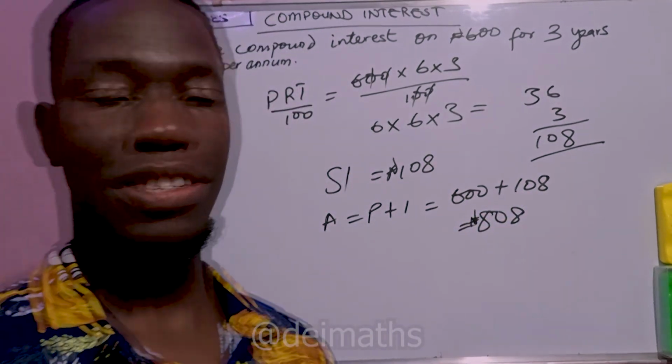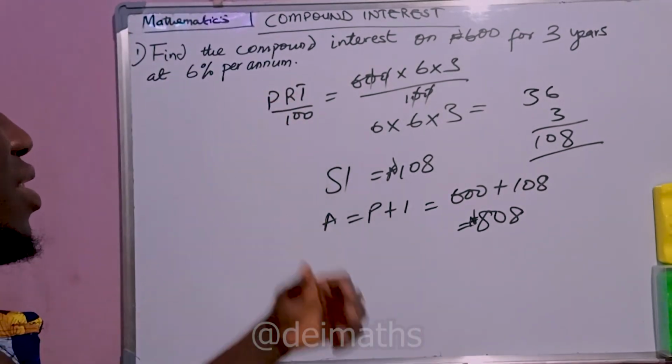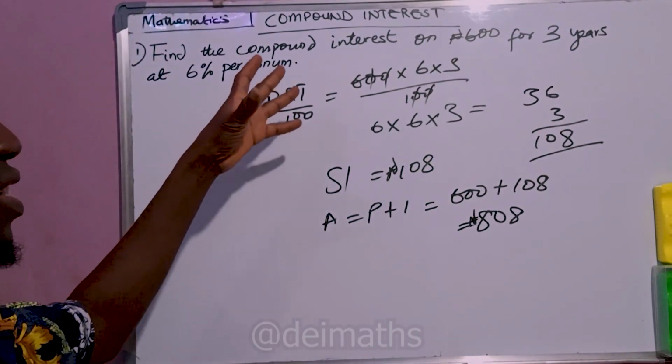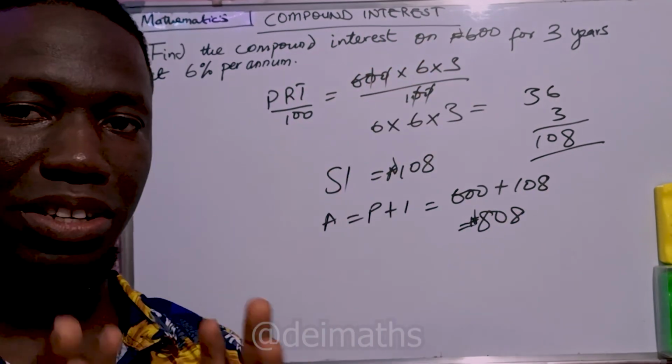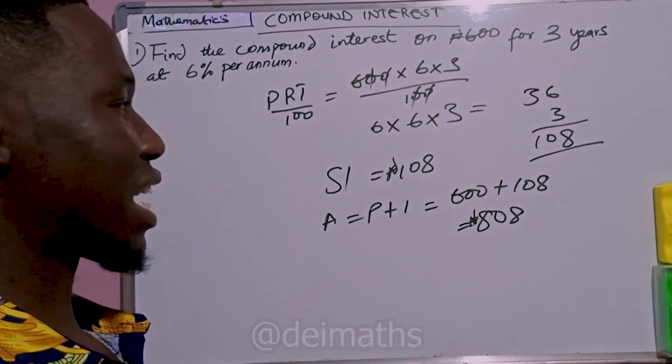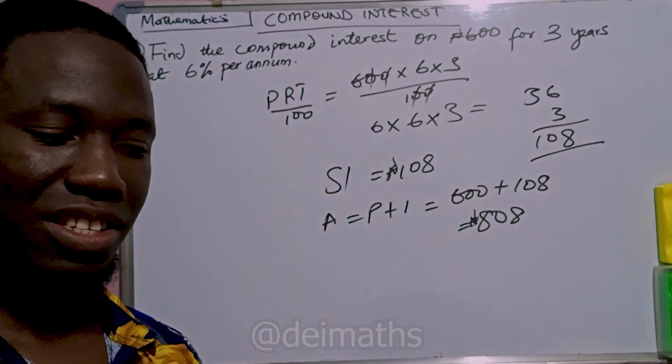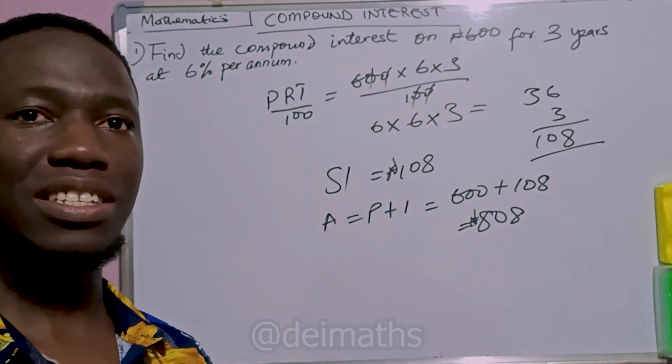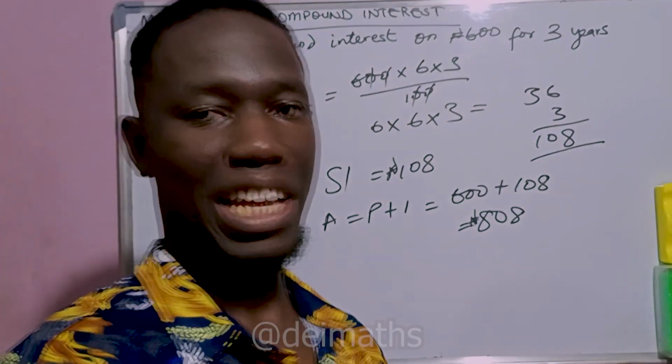See, this is the simple interest, but we are not asked the simple interest, we are asked the compound interest. So in this scenario, we are not going to calculate it based on 3 years. We are going to calculate it based on year after year.